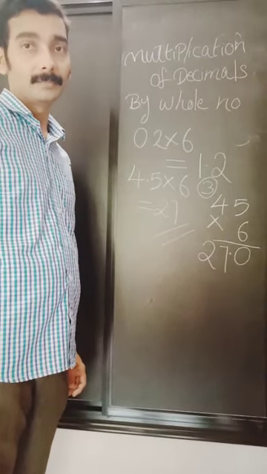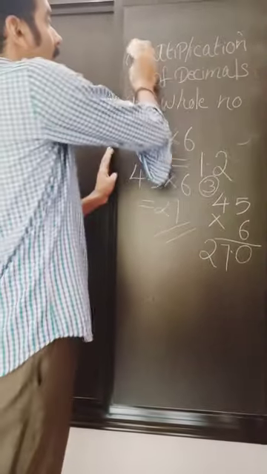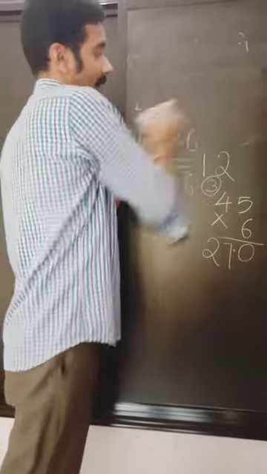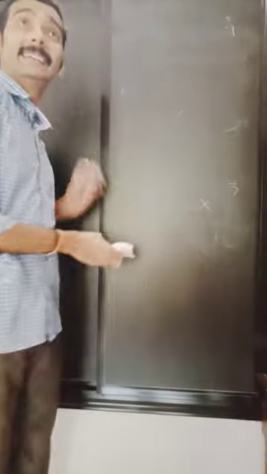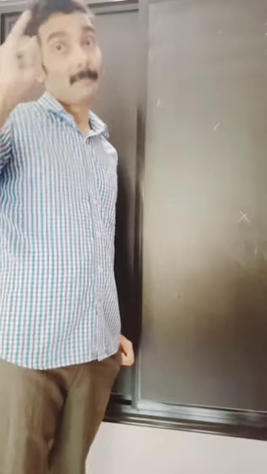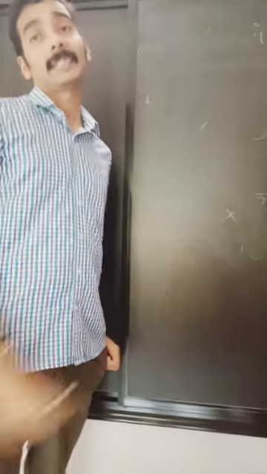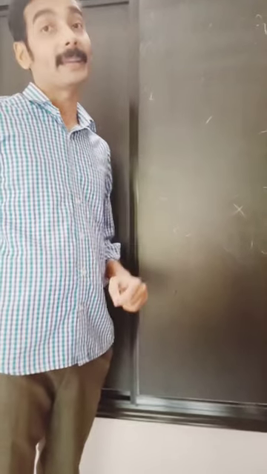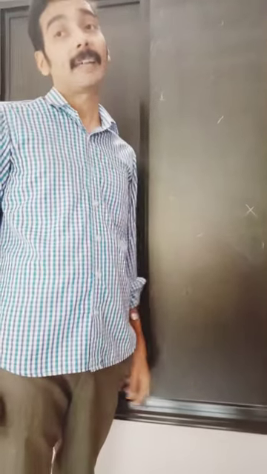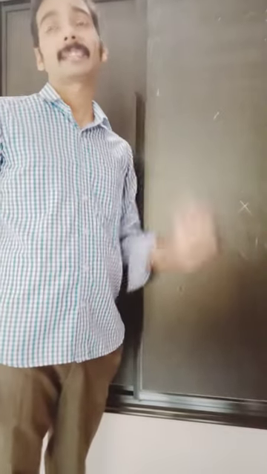Any doubt? Okay. Then in this chapter, we discuss multiplication. First one is by a whole number, then by fraction. Another topic is division of fraction by a whole number, by a fraction.